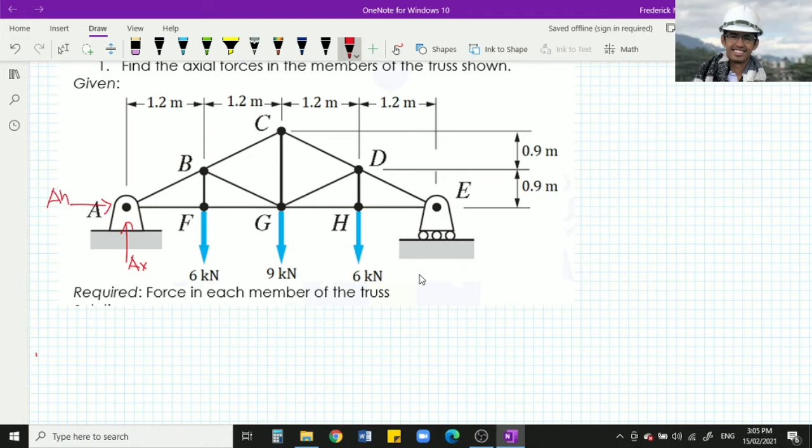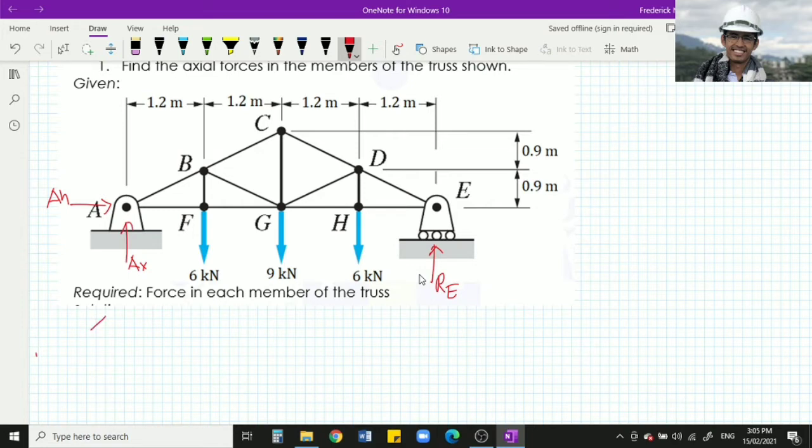And for support E, this is a roller support. So, magkakaroon lang tayo ng reaction sa E, which is yung upward lang. Okay? Kasi it is free to move horizontally.